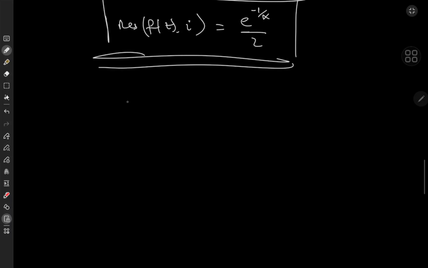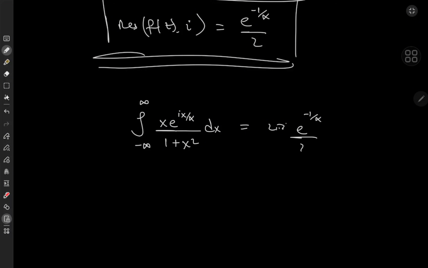So that means our result is the integral from negative infinity to infinity of x times e to the i x over alpha over 1 plus x squared dx equal to 2 pi i times our residue, which is of course e to the negative 1 over alpha over 2. There's some lovely cancellation taking place, so we have pi i times e to the negative 1 over alpha.